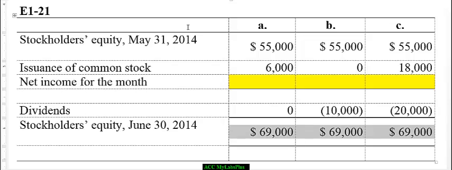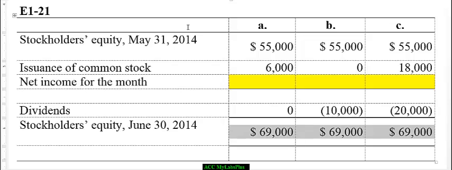So the first scenario says the company issued $6,000 of common stock. If we issue $6,000 of common stock, our common stock account is going to increase. If our common stock account increases, that is going to increase our total stockholders' equity.